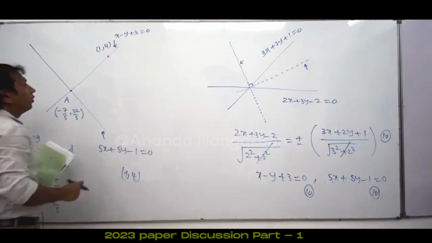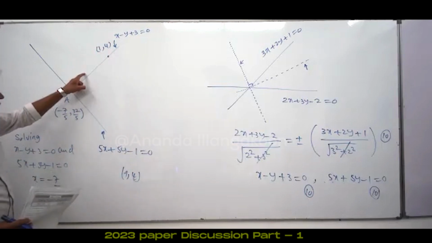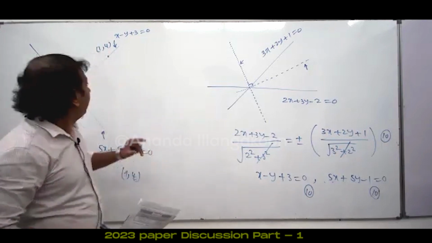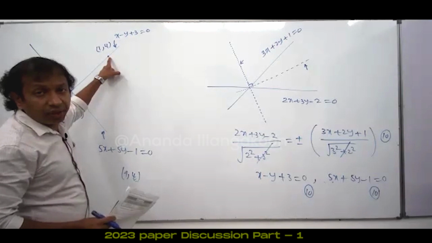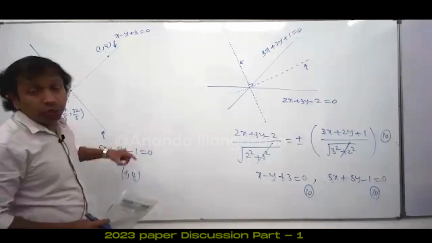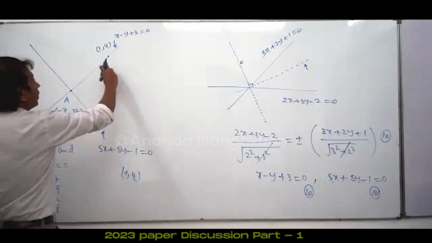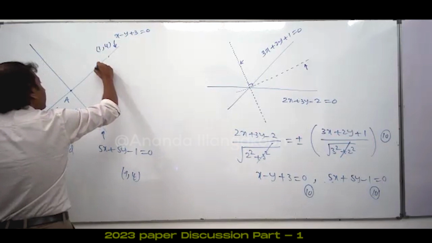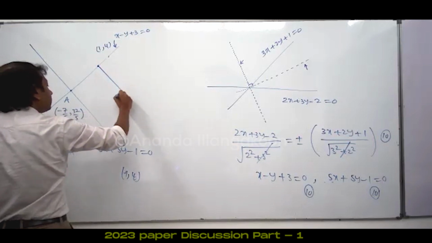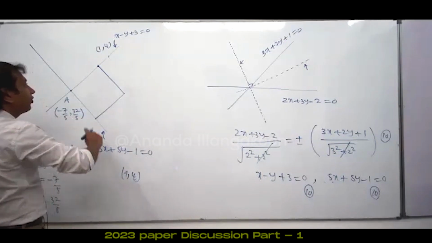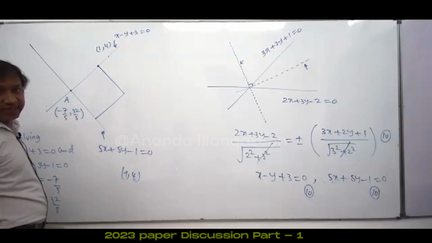Now, these two sides are the adjacent sides of a square. One vertex is this. Asking because there are two what? There are two squares possible here. I take somewhere here 1, 4. Then one square is this. 1, 4 is one vertex, this side and this side, adjacent sides.